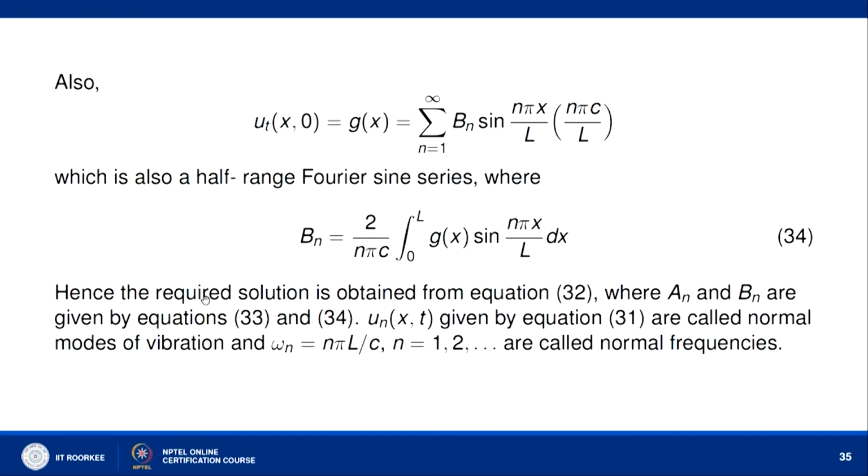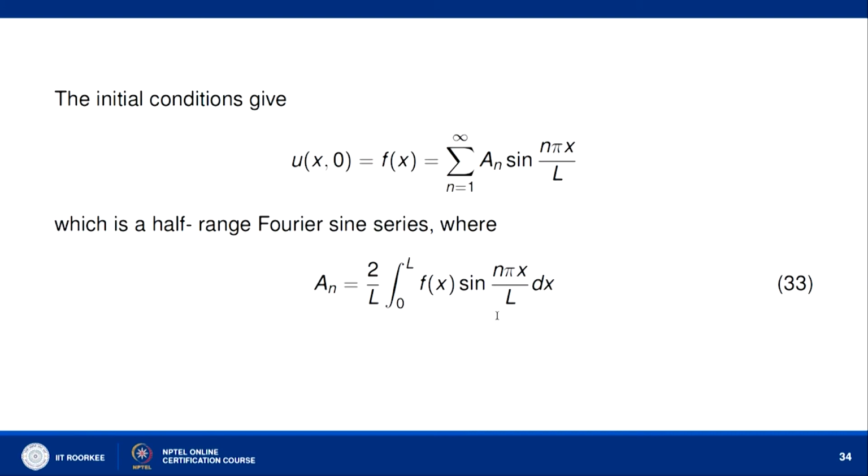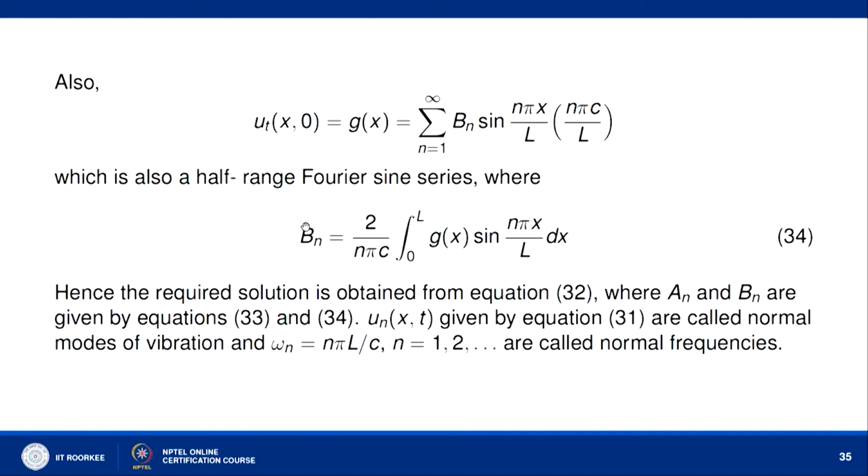So, here we require the solution as obtained by equation number 32, that is u of x, t equal to n equal to 1 to infinity sin n pi x by L, a n cos n pi c t by L plus b n sin n pi c t by L, and the coefficients a n and b n are obtained in equation 33 and equation 34.